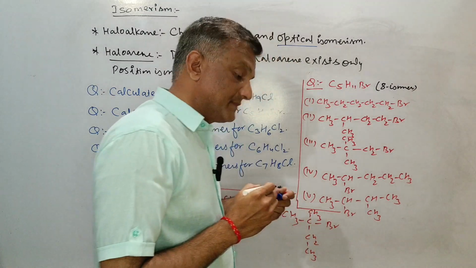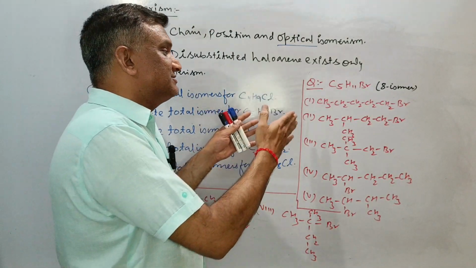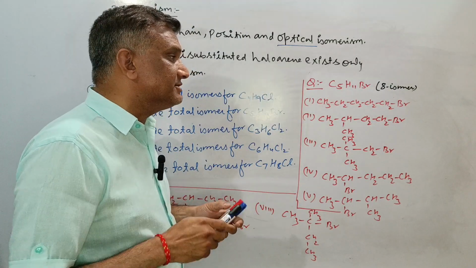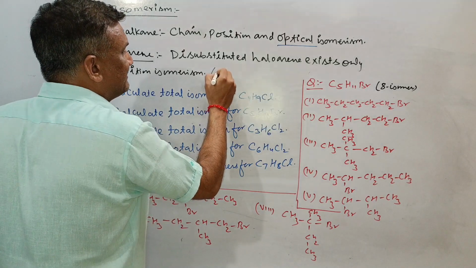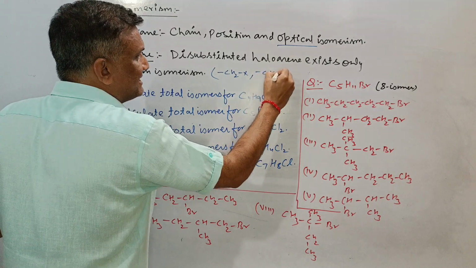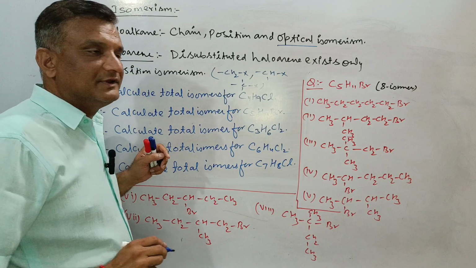8 isomer. There may be one question also: how many 1 degree, 2 degree, and 3 degree will there be? This is a very important question. We have discussed that for 1 degree it will be CH2X, for 2 degree CHX, and for 3 degree it will be CX.